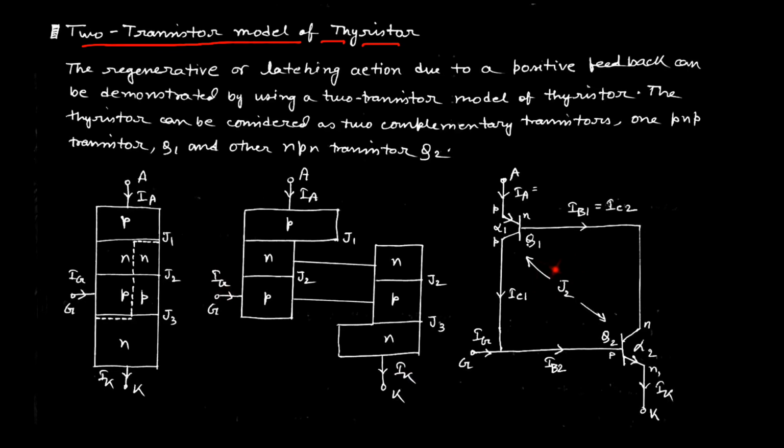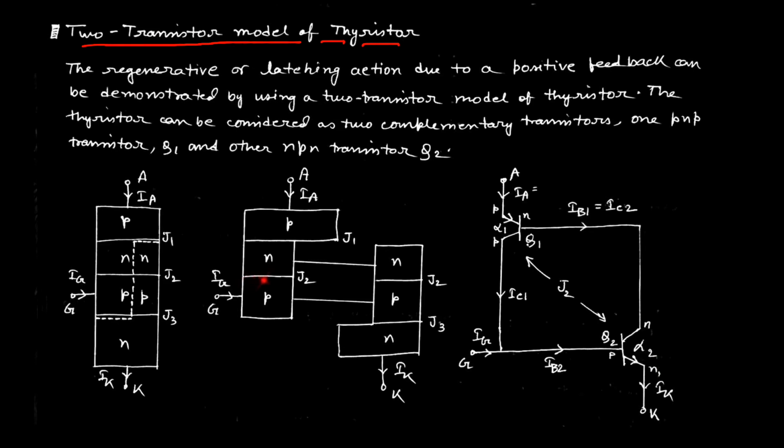And this diagram shows the schematic circuit diagram of this two complementary transistor structure, in which we assume Q1 is the first transistor, that is the PNP transistor, and Q2 is the second transistor, that is the NPN transistor. Additionally, we assume alpha 1 is the common base current gain for Q1 transistor and alpha 2 is the common base current gain for Q2 transistor.